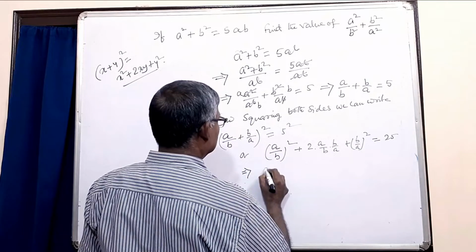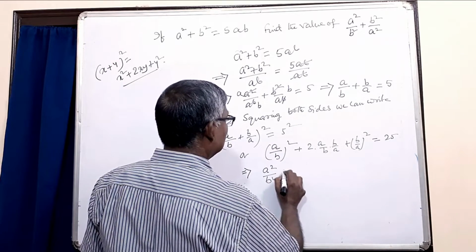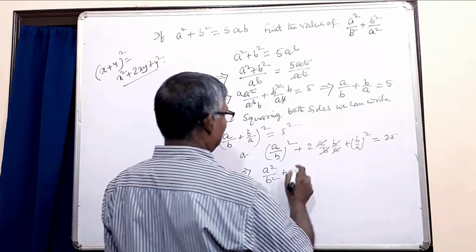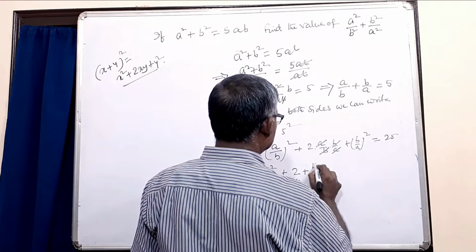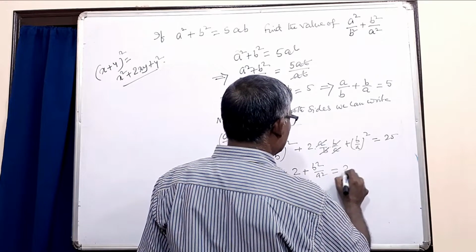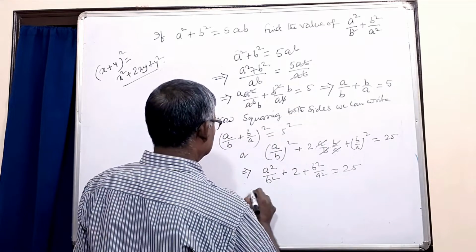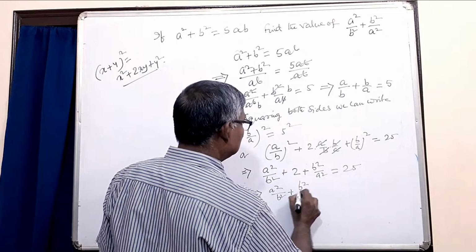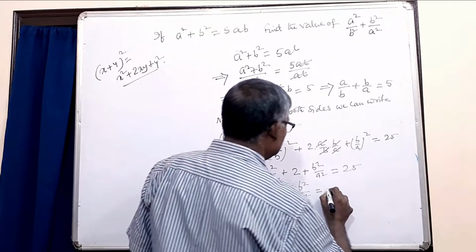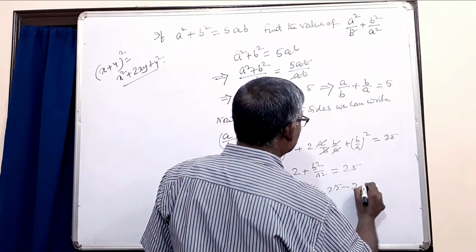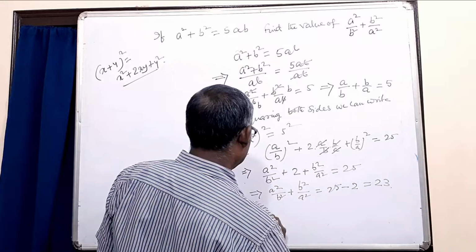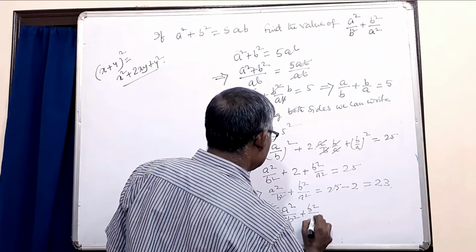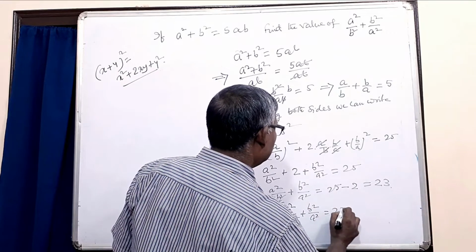This implies that a square by b square plus, here b cancelled, a cancelled, it is 2, plus b square by a square equals 25. This implies that a square by b square plus b square by a square equals 25 minus 2, that is 23. Therefore, a square by b square plus b square by a square equals 23.